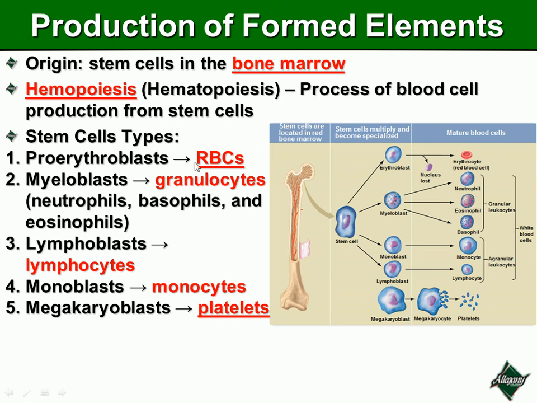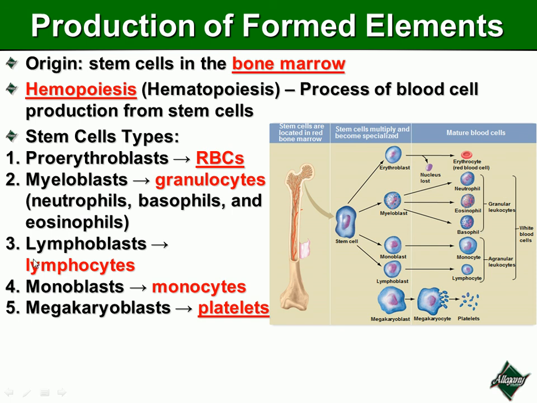For red blood cells, they are formed from the proerythroblast. For the granulocytes, which again include the neutrophil, basophil, and eosinophil, they are formed from this cell called myeloblast. So again, these three types are granulocytes.